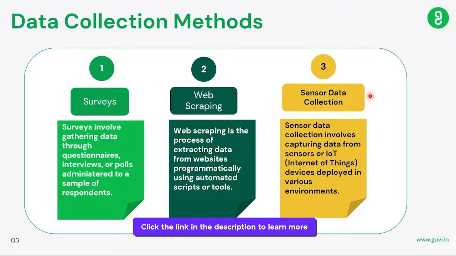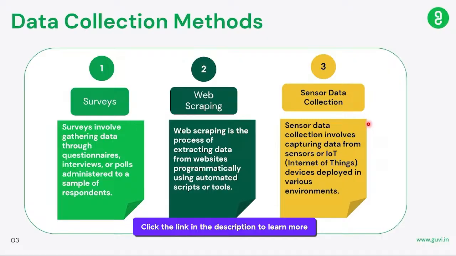Now let's look at the important considerations when using sensor data collection. I need to select the appropriate sensor based on the data requirement, ensure sensor accuracy and reliability through calibration and maintenance, and manage large volumes of streaming data generated by sensors in real time.